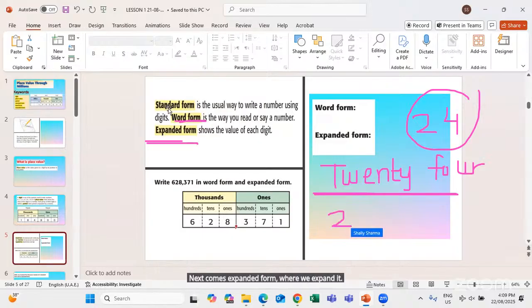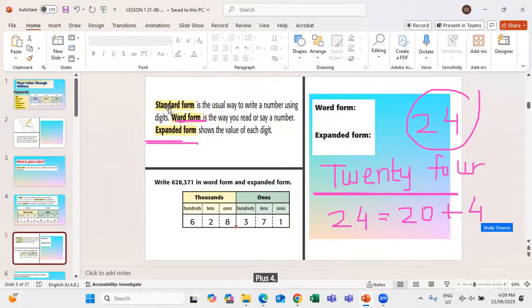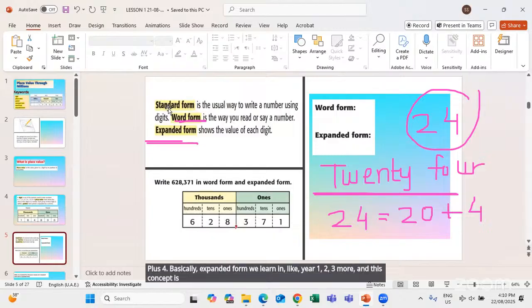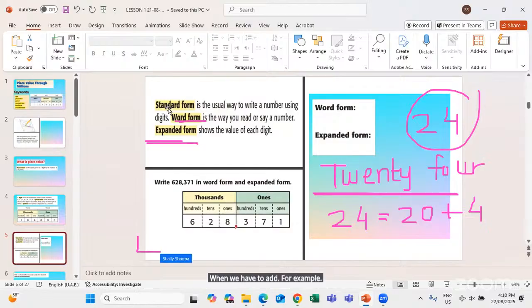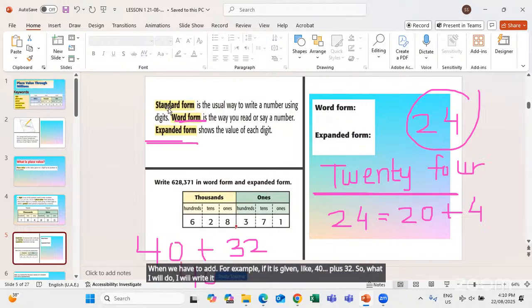So 24 can be written as 20 plus 4. Basically, expanded form we learn in year 1, 2, 3, and this concept is more used for our mental maths when we have to add. For example, if it is given 40 plus 32, I will write 40, and this 32 I will expand as 30 plus 2.